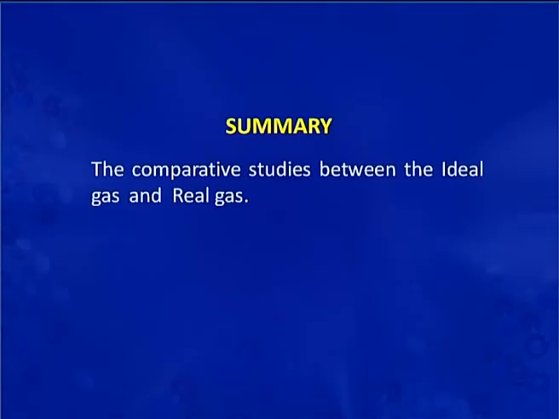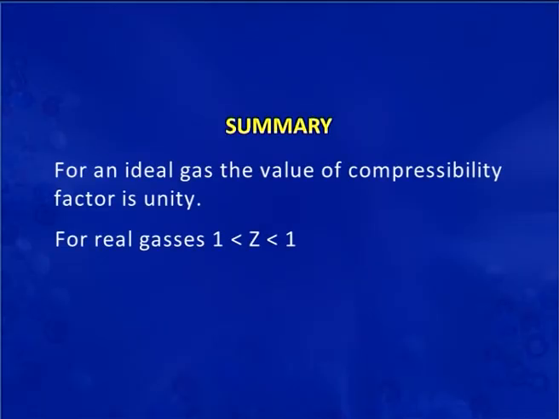Then we did the comparative study between the ideal gas and real gas. As I told you, for ideal gas, the value of compressibility factor is unity, while for real gas it is greater than 1 or less than 1.